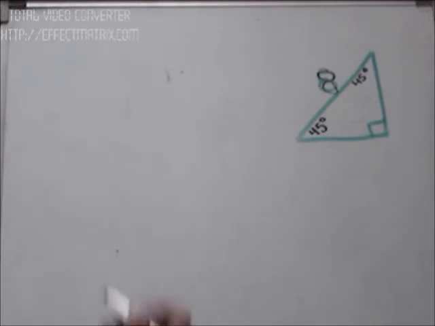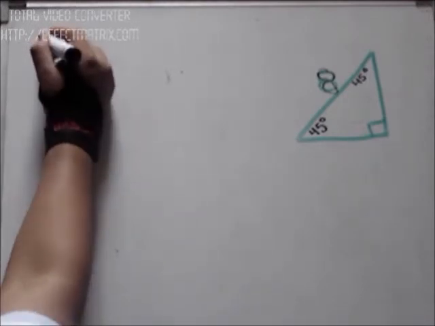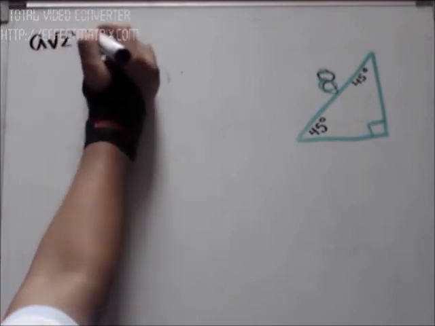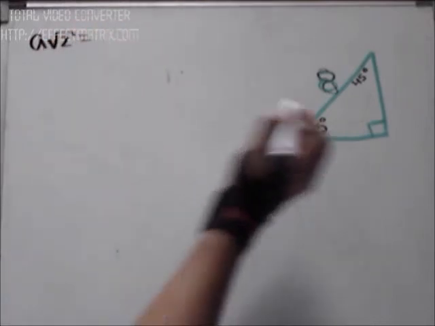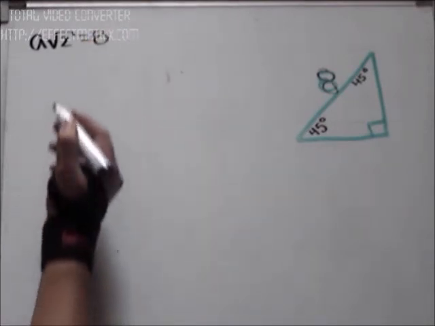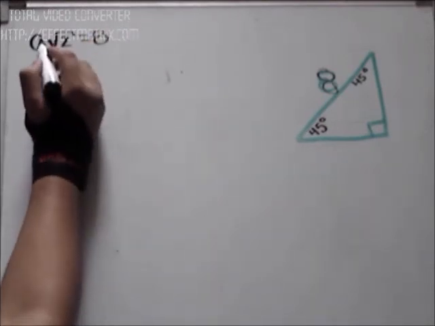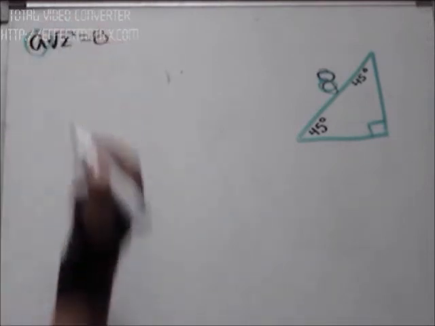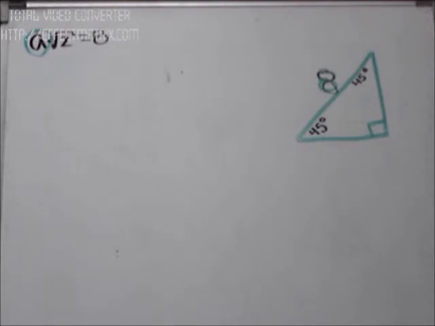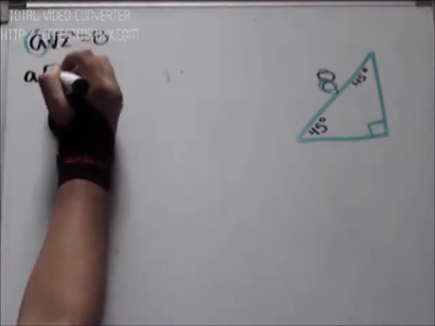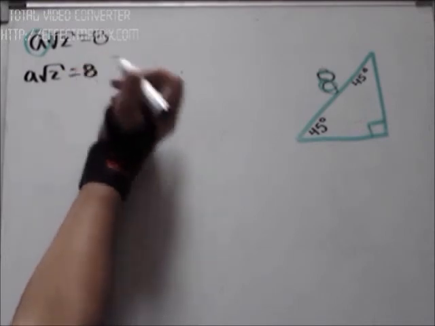and translate it into a formula. The formula is A times the square root of 2 is equal to the hypotenuse, in this case 8. And to solve it, we need to find A. So we have A times the square root of 2 is 8.